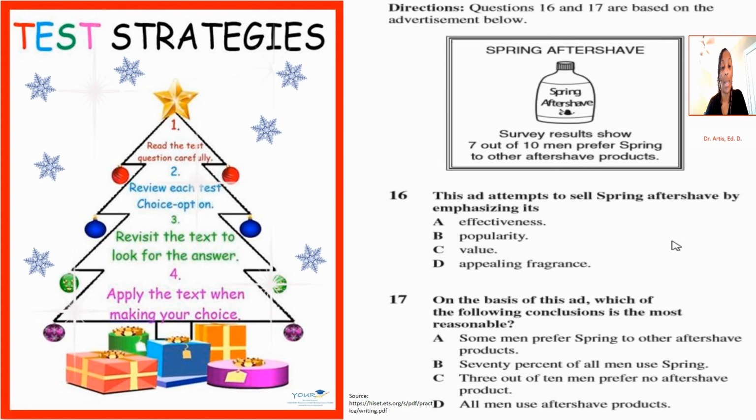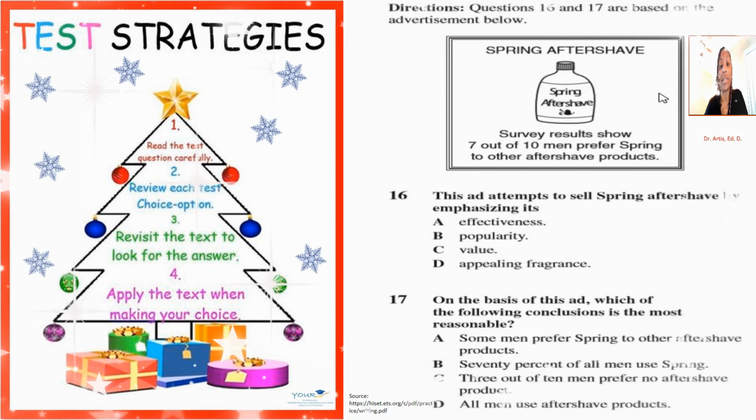So now, in order to answer test items 16 and 17, you want to make sure that you thoroughly review the content of your ad. Here we have Spring aftershave, which is our title. At the very bottom, we have our caption that tells us more information about our ad: survey results show 7 out of 10 men prefer Spring to other aftershave products.